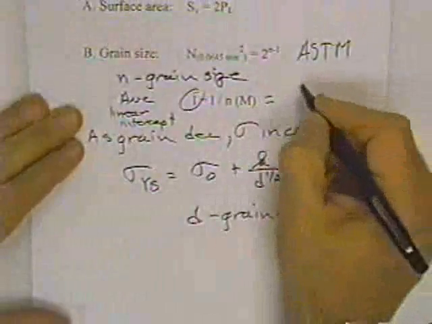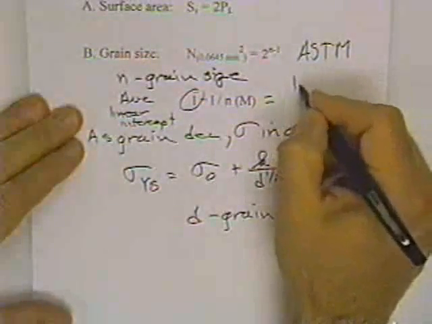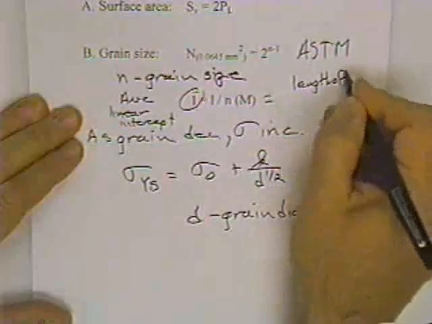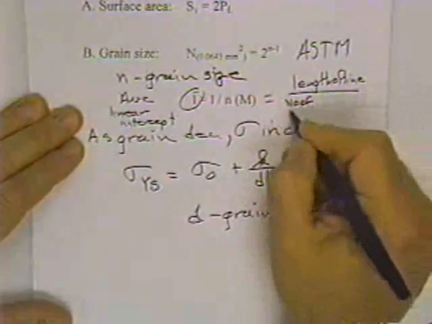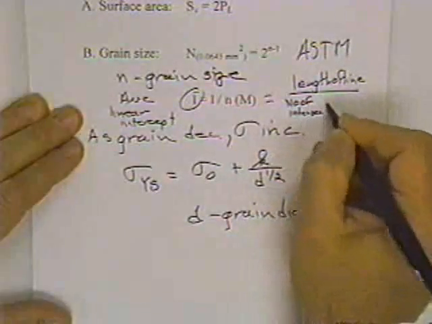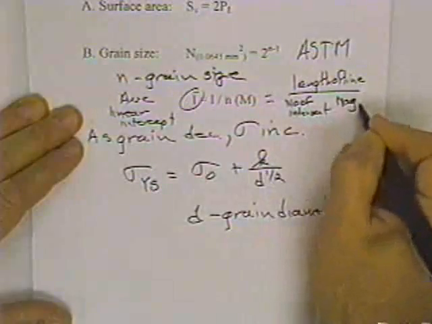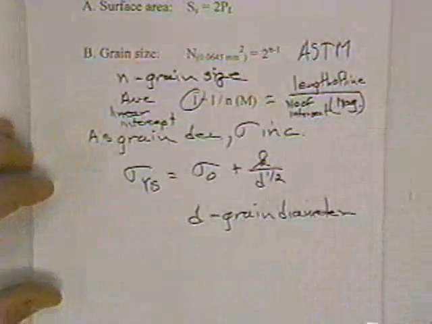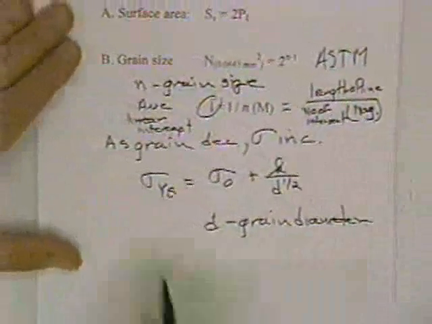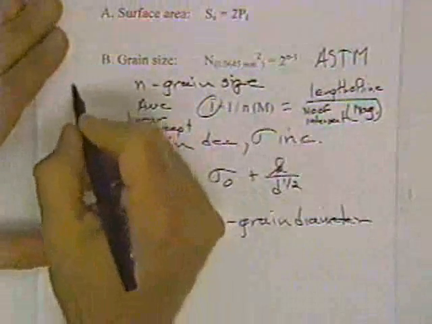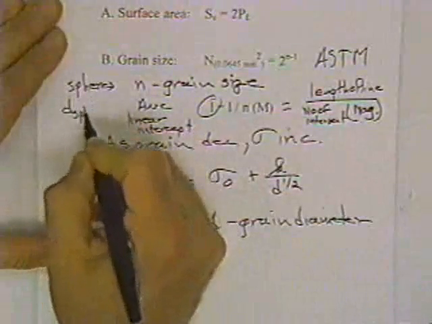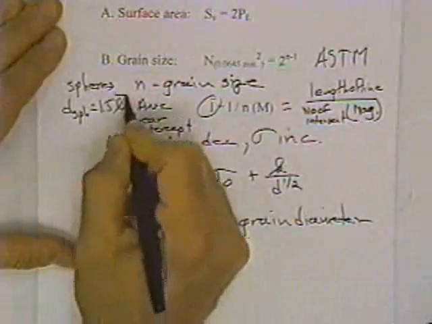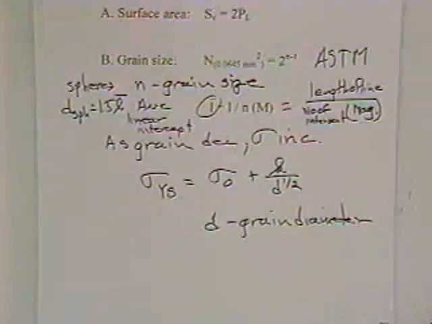The way this works is you have a length of line, divide by number of intersections, divide by the magnification, and that gives you an average linear intercept. And if you assume that you have spheres, the D for spheres is equal to 1.5 L bar. So you can actually get a grain diameter from that grain size.